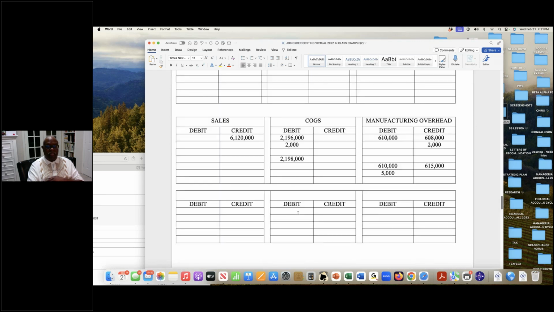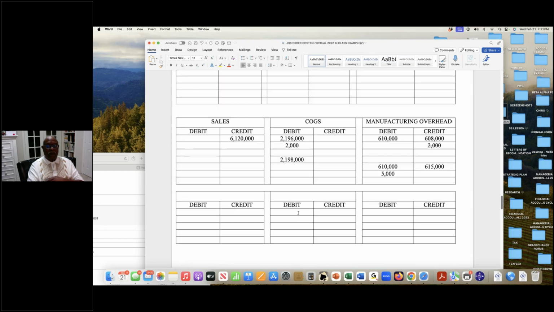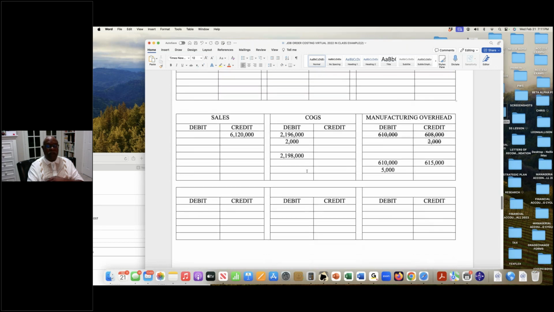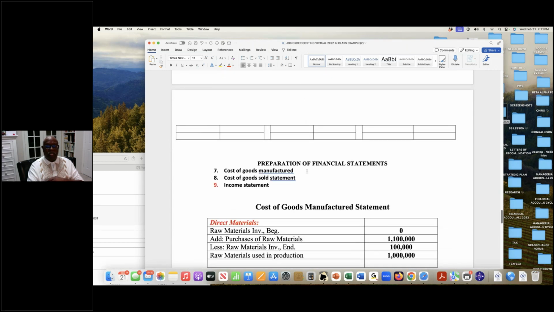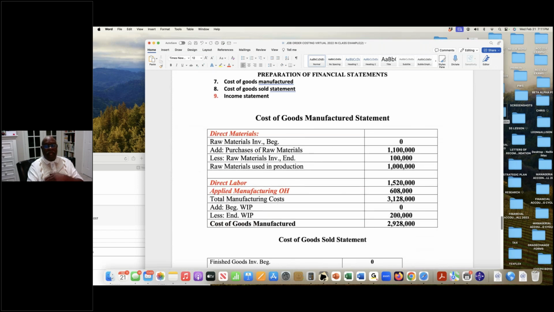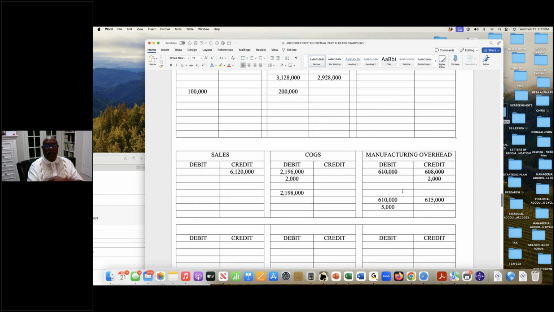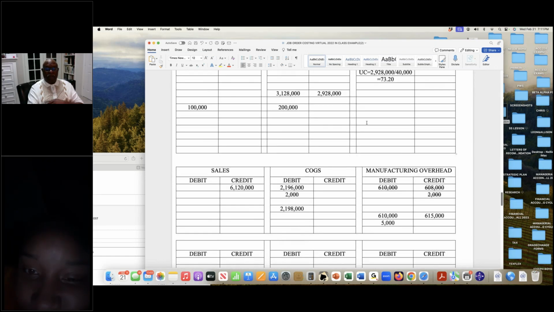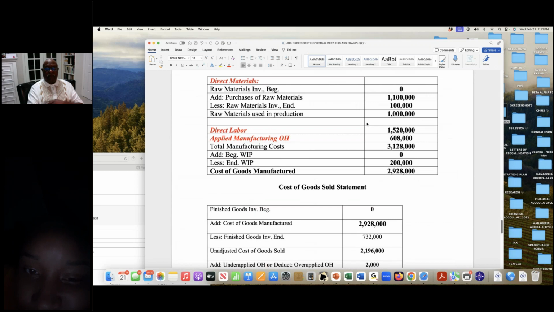We did these postings to these accounts, and we said, key accounts, work in process. It gives you that first statement you got to do. Cost of goods sold gives you that next statement. And so we prepared the cost of goods manufactured statement, raw materials, labor, and overhead. And we said this number is always what we transferred to finished goods. So whatever we transferred from here to here, that's the answer to what cost of goods manufactured is.